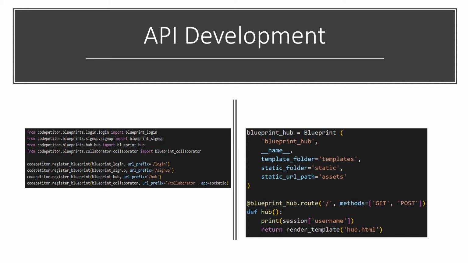On the right is some code showing the routes that are tied to that blueprint. So it's a blueprint for the hub page, and there's an operation there, hub, that just returns the hub.html page.